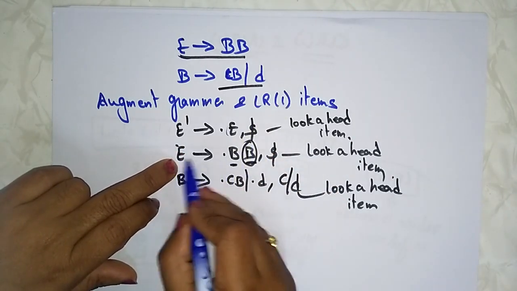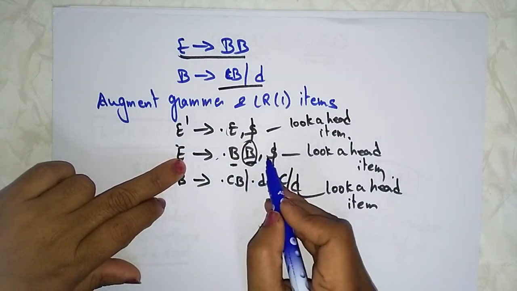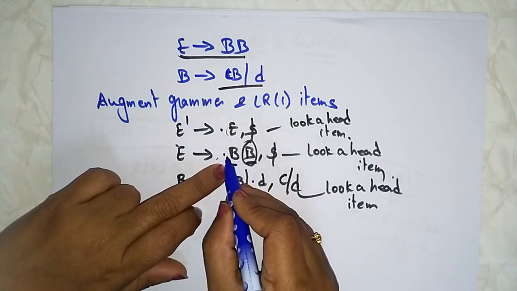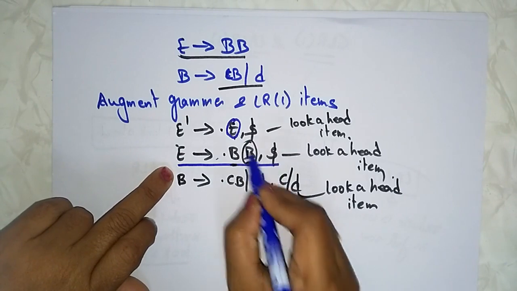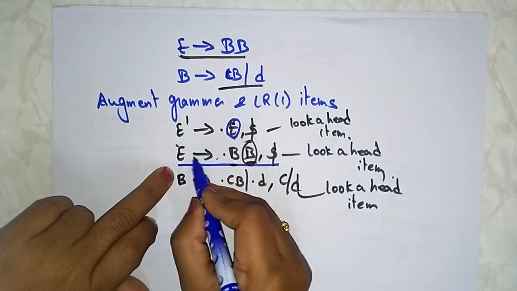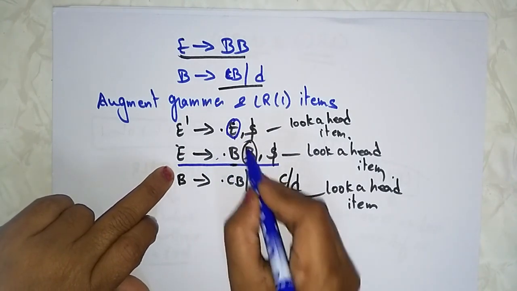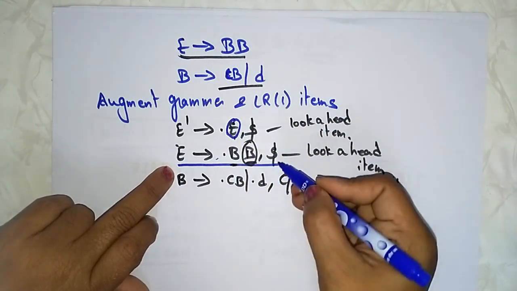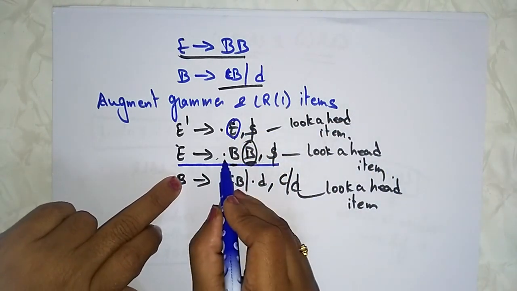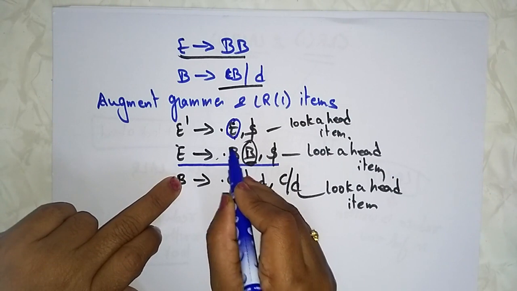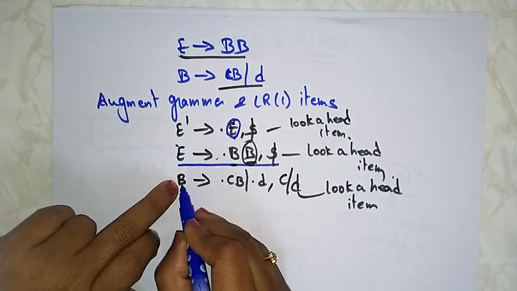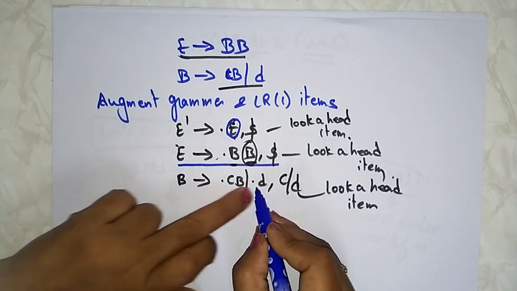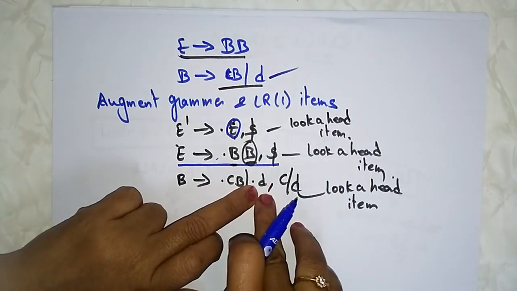Now you have E determines .BB. After the dot there is B, a non-terminal, so you have to write all the productions for B, that is B determines .cB and .d.